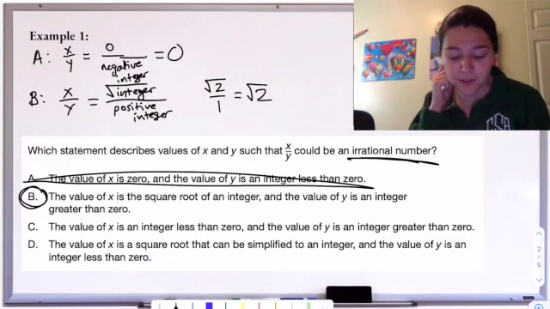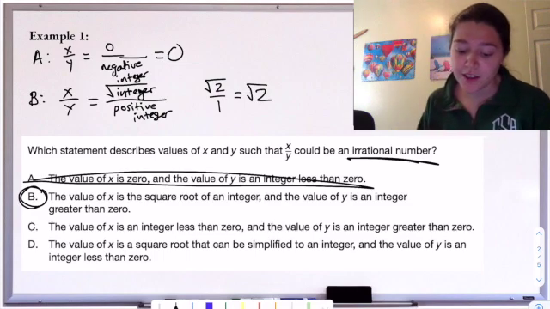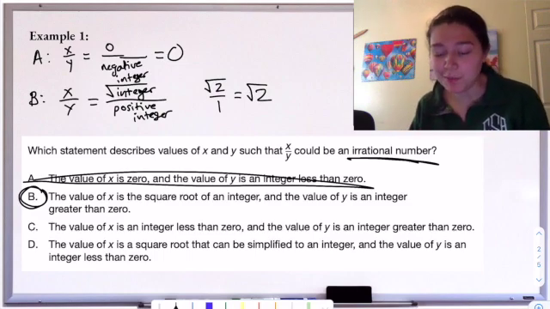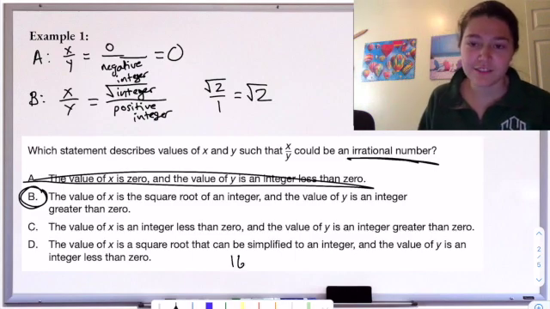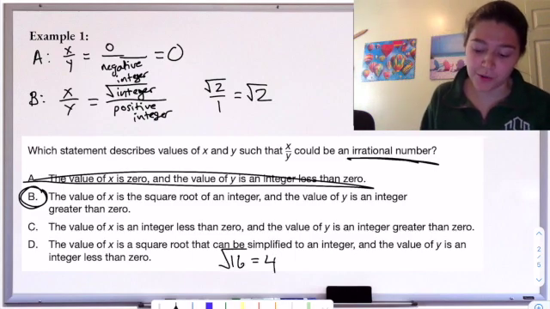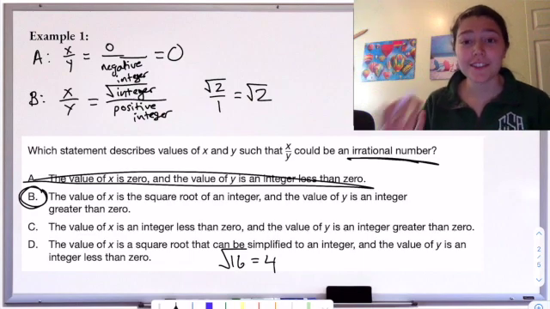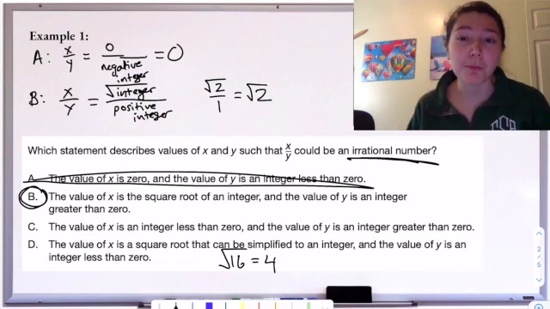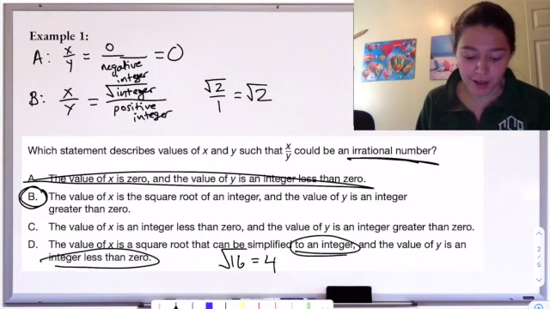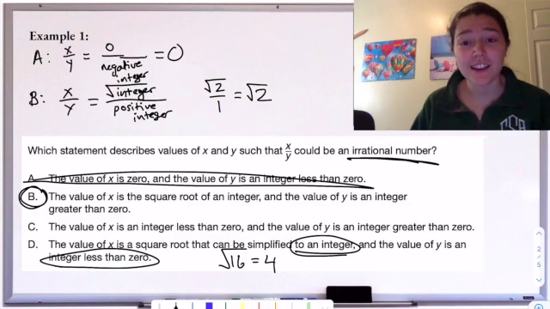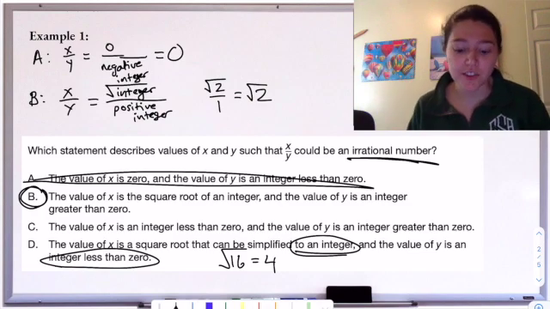We see that the value of x is a square root, but then it says that can be simplified to an integer, such as 16. The square root of 16 is 4. So they're saying that we're taking the square root of a perfect square. So we just get an integer ultimately. It's simplified to an integer divided by an integer. And again, when we have a fraction of integers, that's rational.